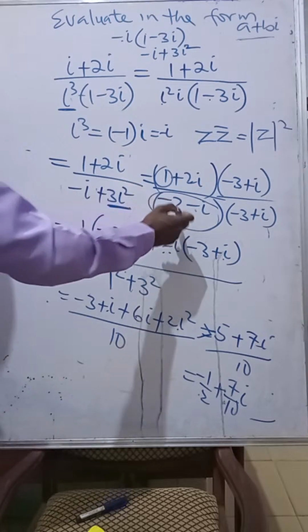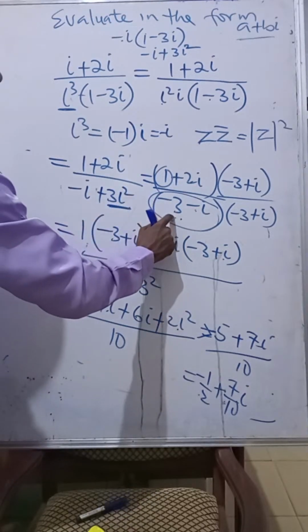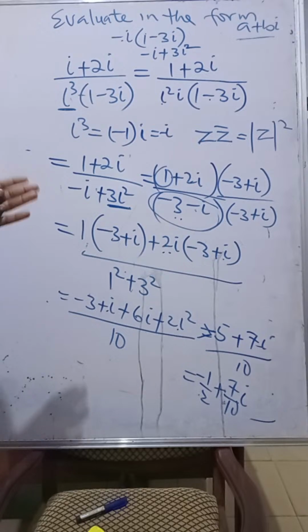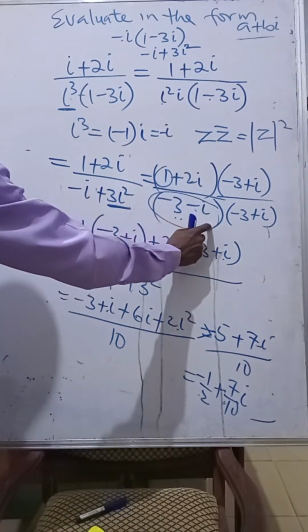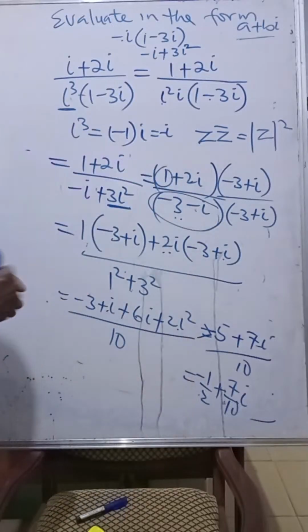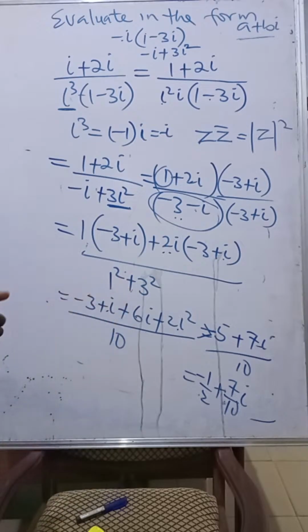So use a conjugate to multiply the top and the bottom. The conjugate is minus 3 plus i. That's what we've done. For the denominator, if you apply these properties of the conjugate of a complex number, we're going to have 1 plus 3 squared.